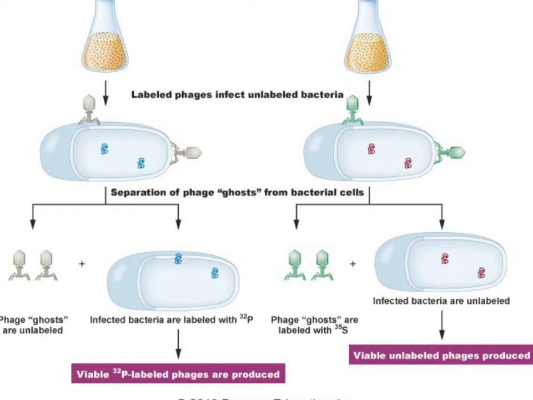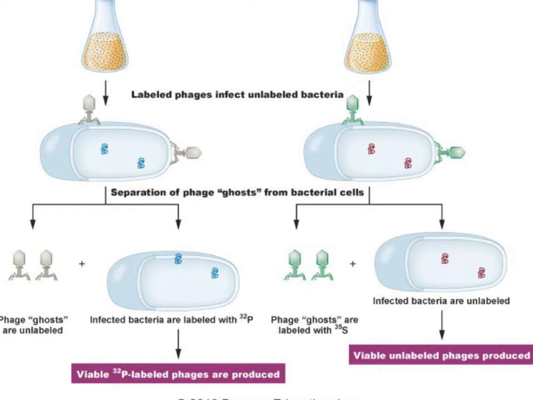So when Hershey and Chase looked at the results of their experiment, they found fluid with no radioactive signature, and they found within each of their cells lots of radioactivity because the stuff that had been put into those cells was radioactively labeled, and they knew in that particular treatment that what had been radioactively labeled was the DNA, because phosphorus is a portion of DNA, as we'll get to in a moment.